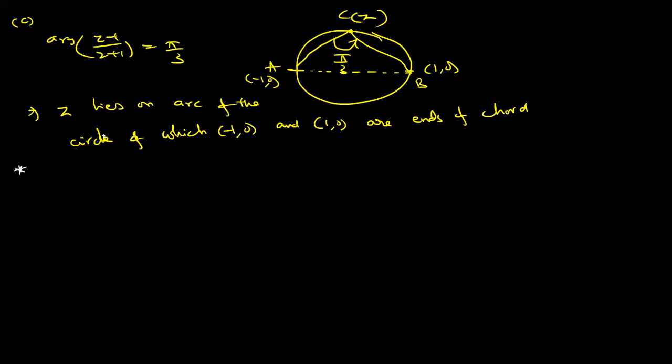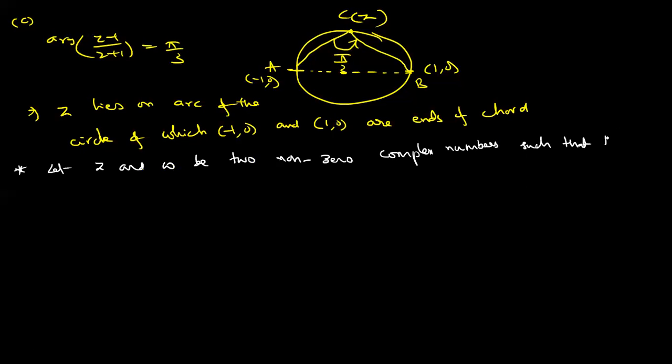See, let Z and omega be two non-zero complex numbers such that modulus of Z is equal to modulus of omega and argument of Z plus argument of omega is equal to pi.